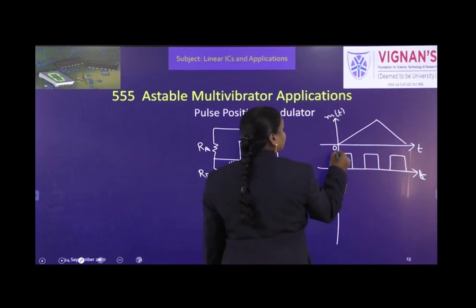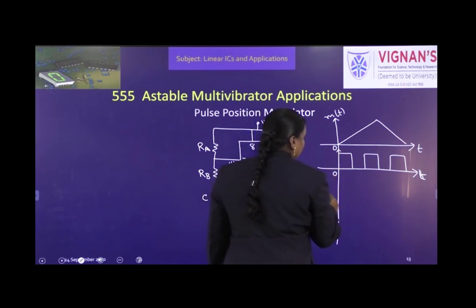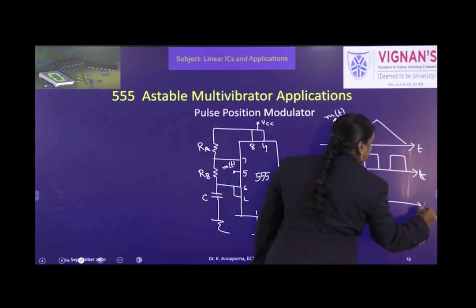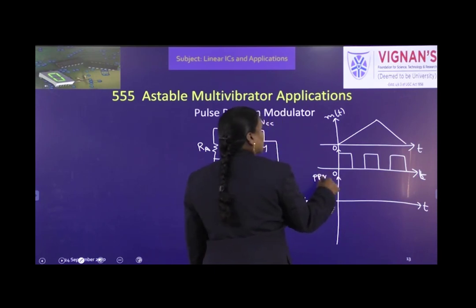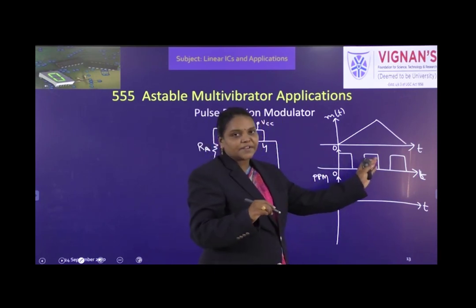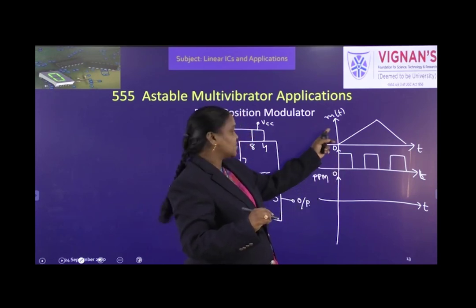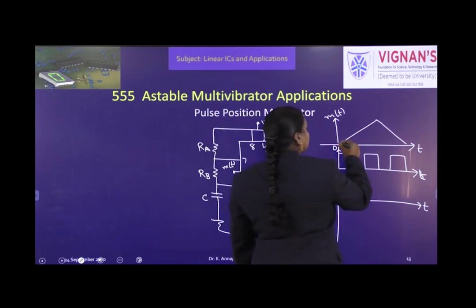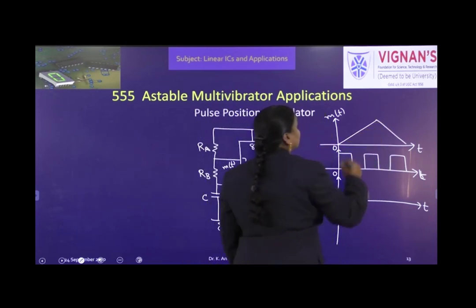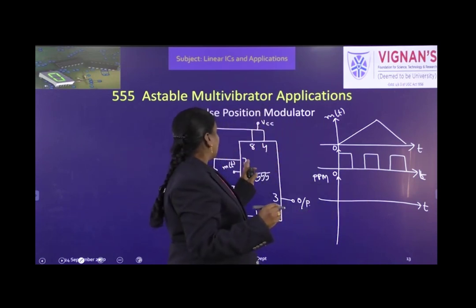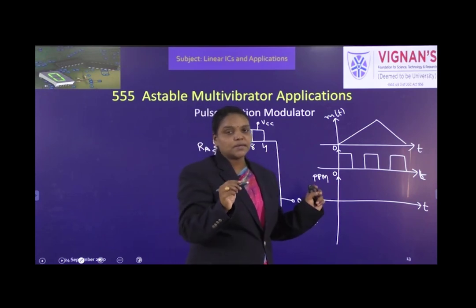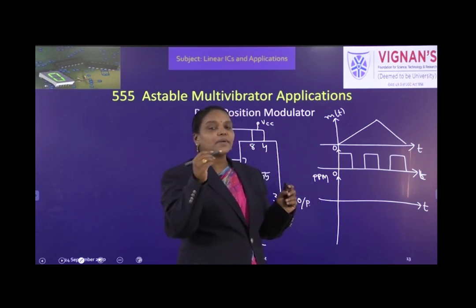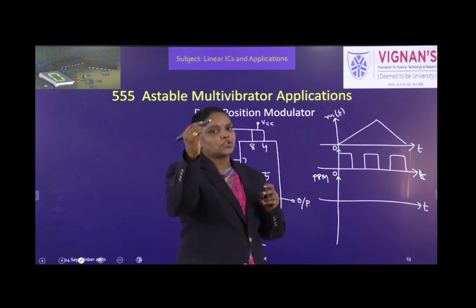Then pulse position modulation means the position of this pulse is varying with respect to the message signal. Here, this we are applying at the fifth pin. So, the on period is nothing but the capacitor charging from 1/3 VCC to 2/3 VCC.